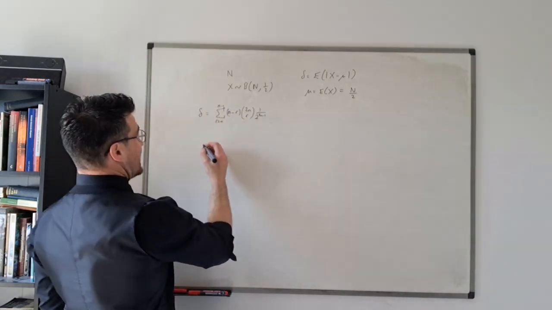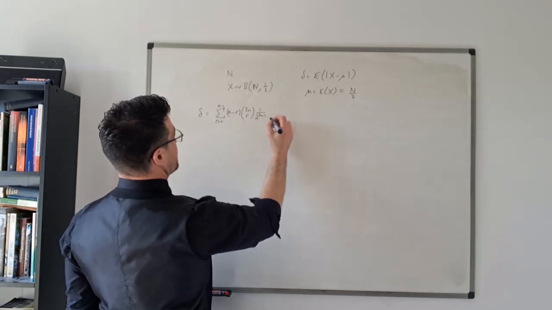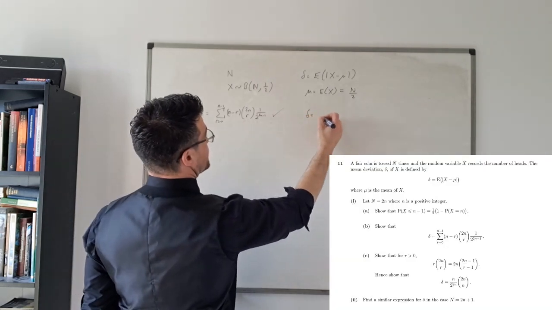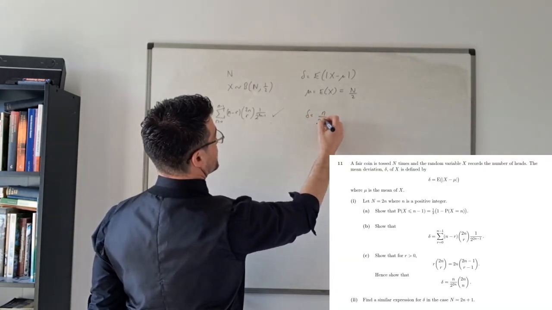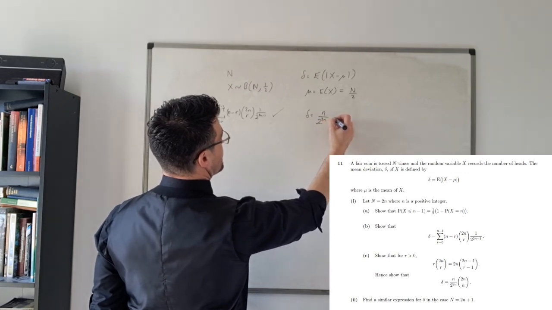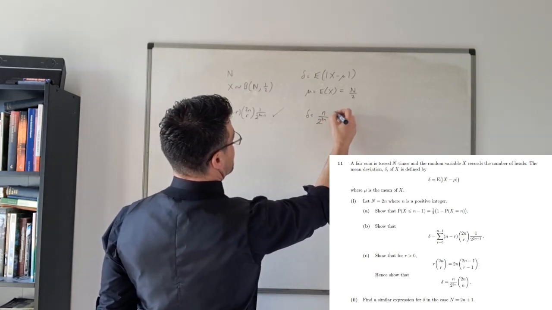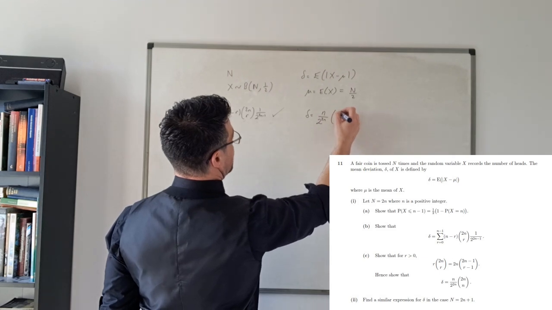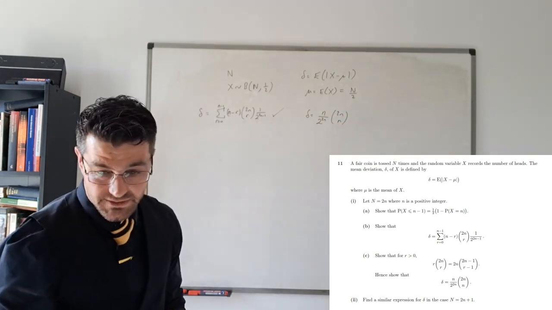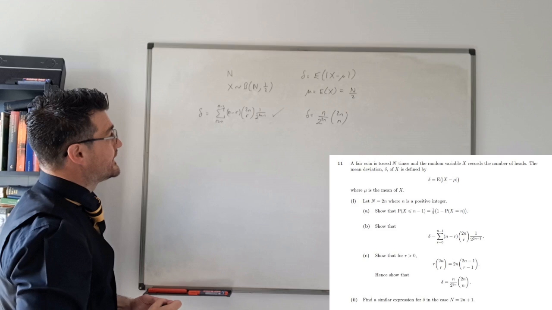These little details like this, pay attention to them because sometimes they do have a big impact. So what we need to show now is that delta is equal to n over 2 to the power of 2n times 2n choose n. Is that right? Yeah. Okay.